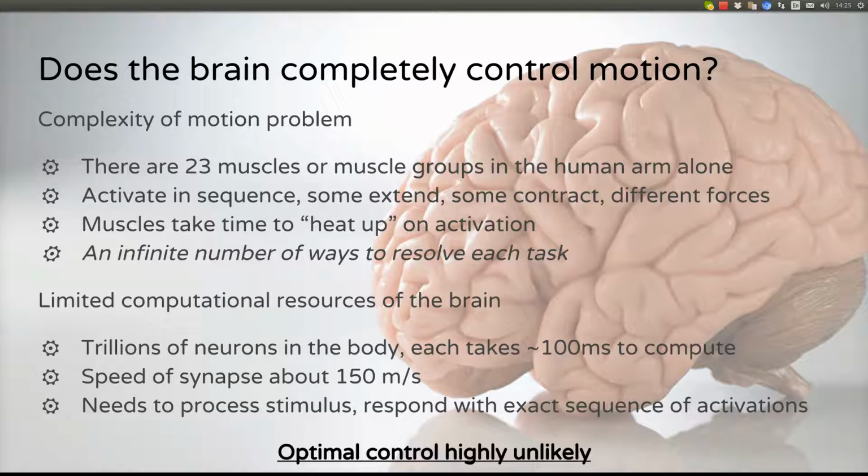So this is clearly not what's happening. The brain is certainly not the mechanism that is helping you balance on a wobble board or allowing you to hit a ball effectively in tennis. So the way to put that is that optimal control, which means that the brain is calculating the optimal path or trajectory of motion, is highly unlikely.